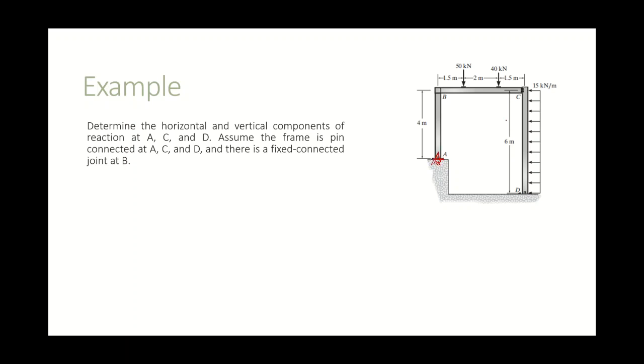Pin yan. So, may internal hinge daw ulit tayo sa C kasi pin din siya. Internal hinge din ulit. And then, pin connected ulit. So, again, ulitin ko, kapag may internal hinge, ibig sabihin, we have two separate members. We have member A, C. Isang member lang siya. Isang member lang to.